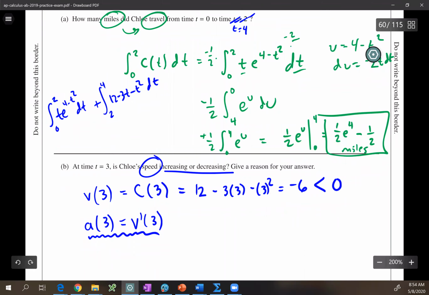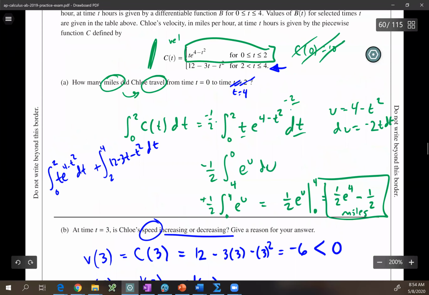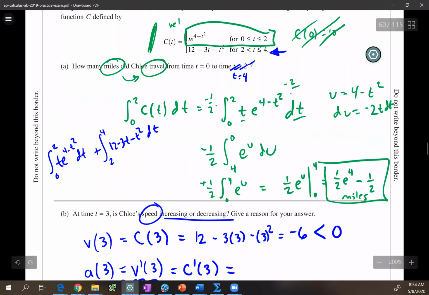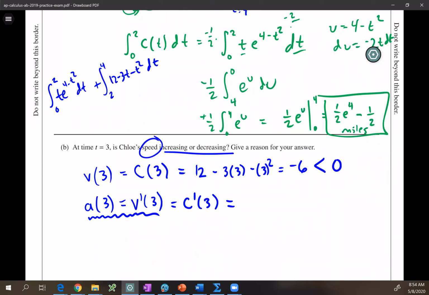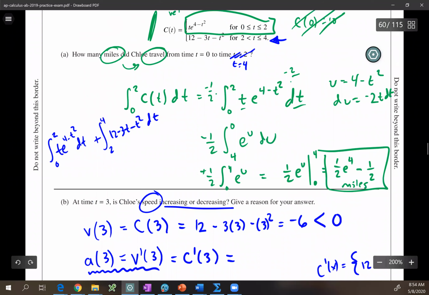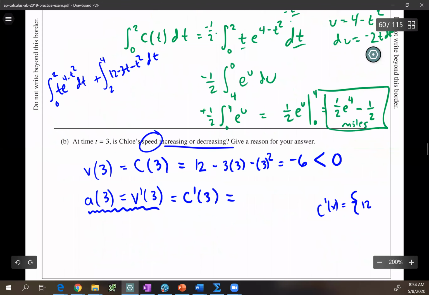Okay. Then for V prime of 3, this is equal to C prime of 3. Now, at 3, it's the bottom. So you don't have to write the full equation. You can maybe off to the side just put C prime of t equals the top part. We don't have to worry about that. The bottom part is going to be 12 minus... Oh, no, sorry. The derivative of 12 is 0.